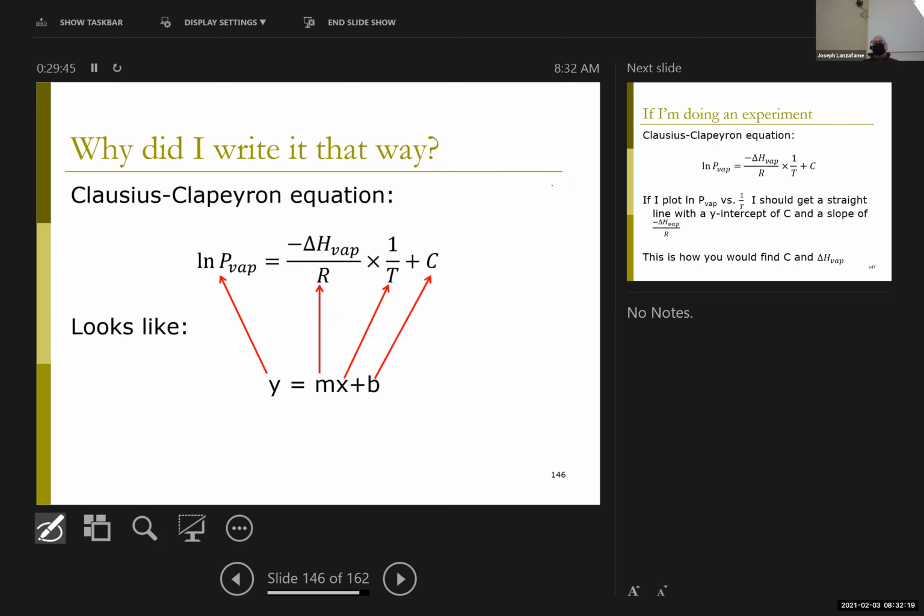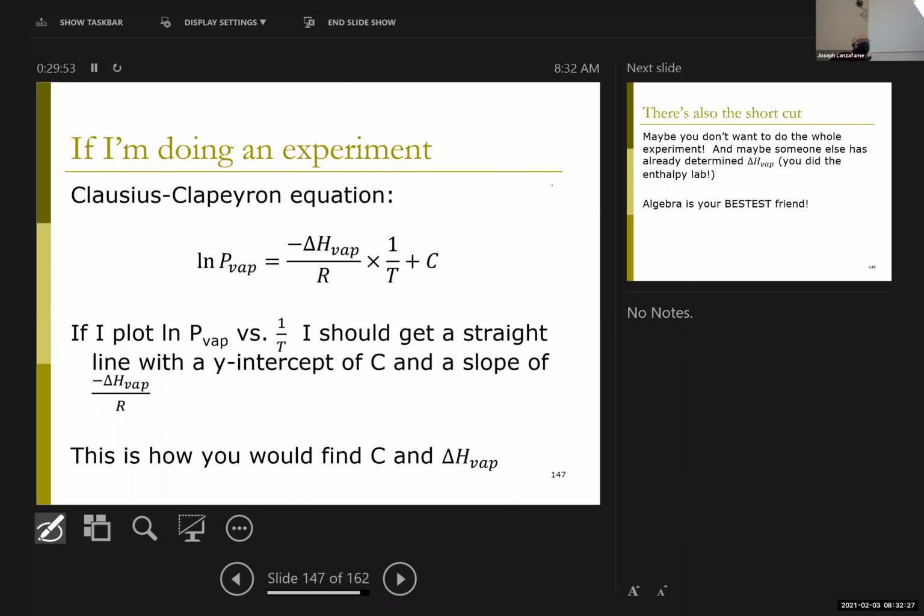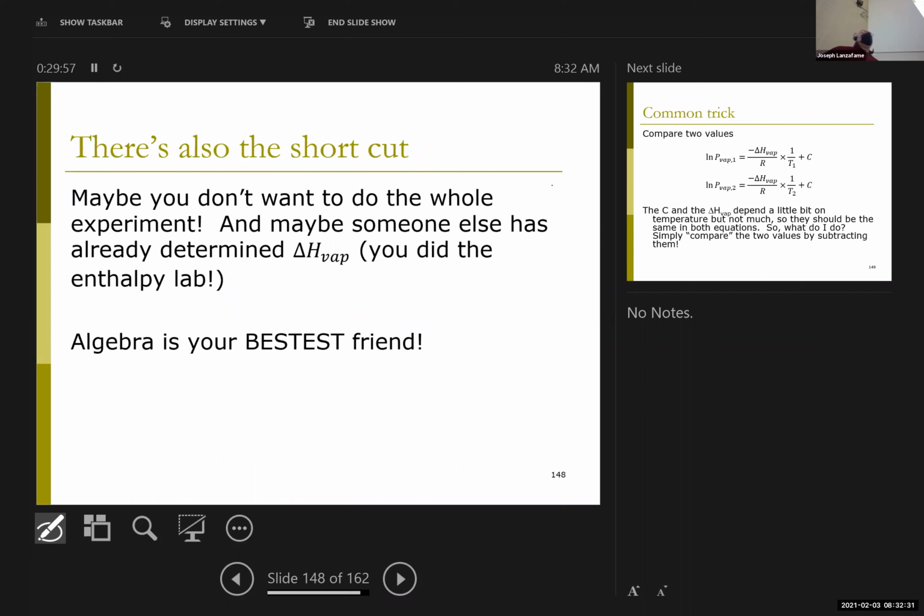And so there is another equivalent representation that is sometimes more useful because it doesn't require me to know C. I almost always know delta H. I don't always know C. And this is kind of a neat algebraic trick that we'll use again later.